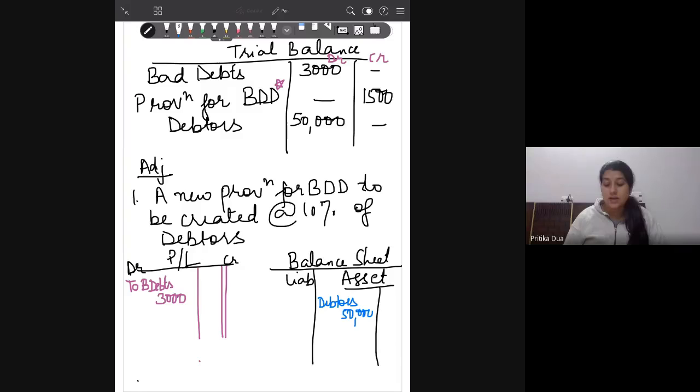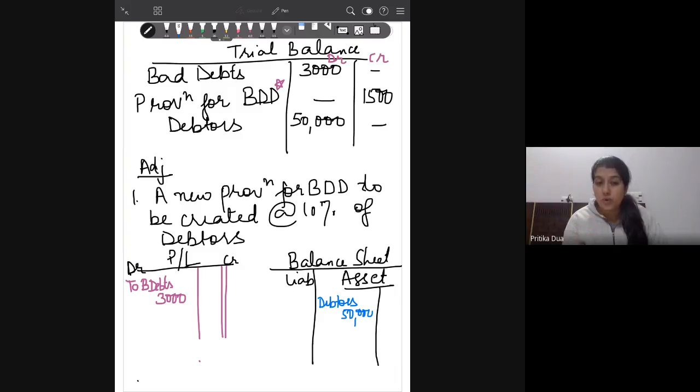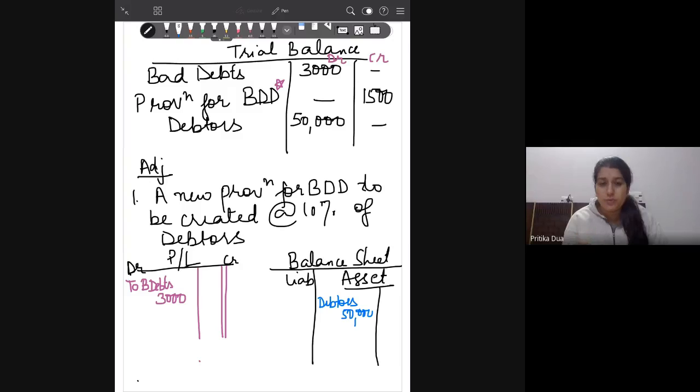And net debtors for you is 50,000, and any adjustment if given related to bad debts, then it is treated before this. So if further bad debts were given to you in the adjustment, you will first deduct those from debtors and then you calculate the amount of new provision as we did in the example we took in yesterday's class.